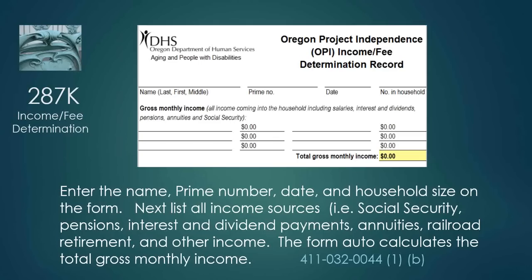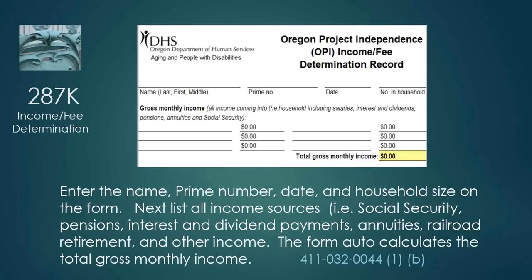So getting back here to the income fee determination record, we want to list at the top of the form where it says gross monthly income, and we want to include all the income of the household. Now, you'll notice on my slide that I have a rule number, and that rule number specifies some of the things that we count as income.